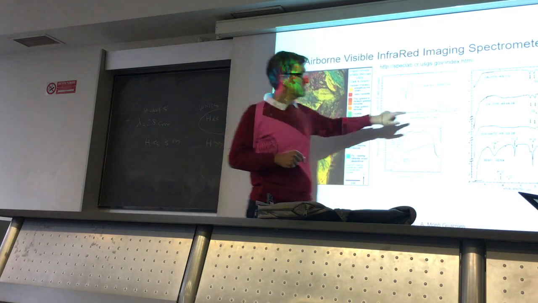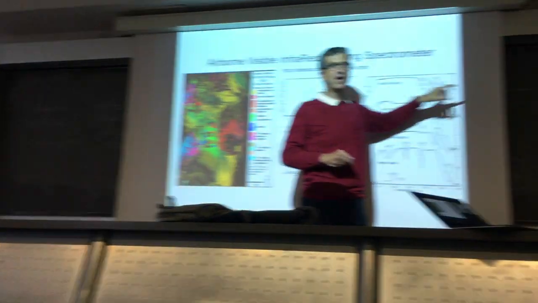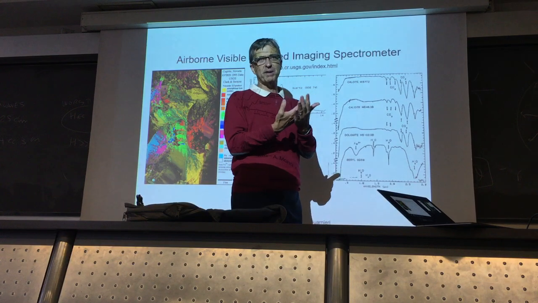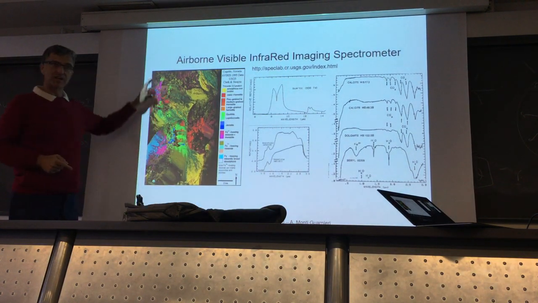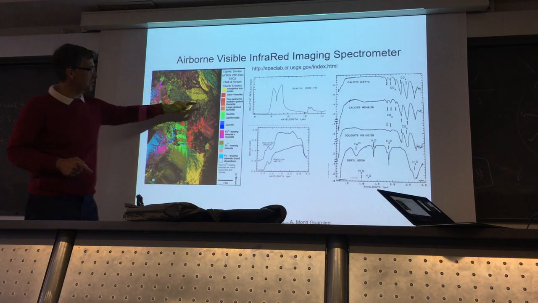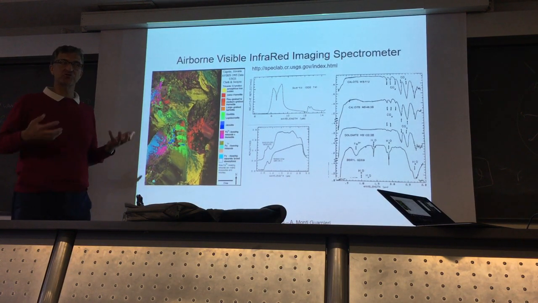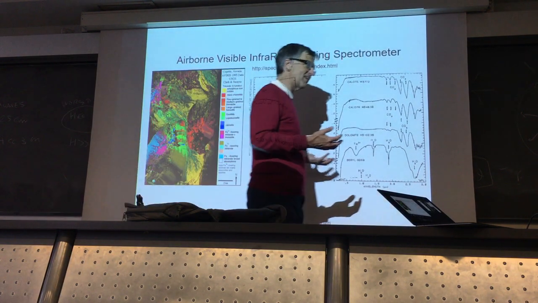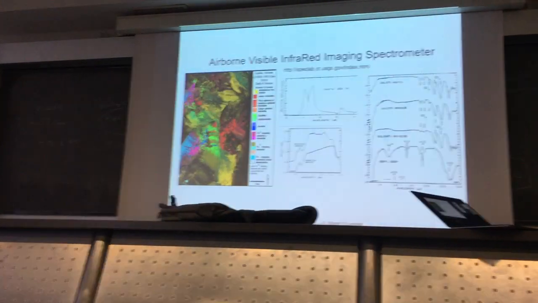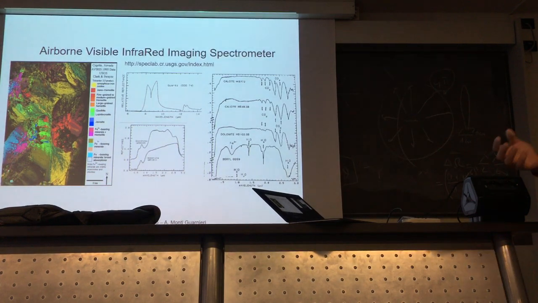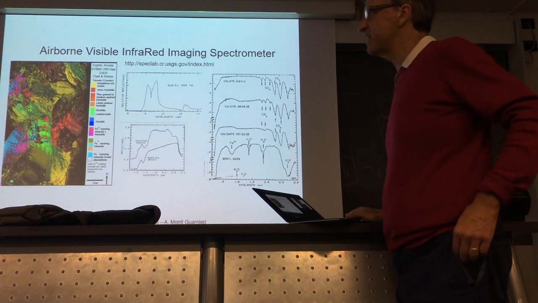So for each of the pixels you have an entire spectrum. You do a matching with respect to the signatures that you expect, and you have a classification. So this is just saying for each pixel which material it is. So immediately you pass over an area and you know what crystals, what minerals are there, and this is a very, very powerful application you cannot do with optical observation.